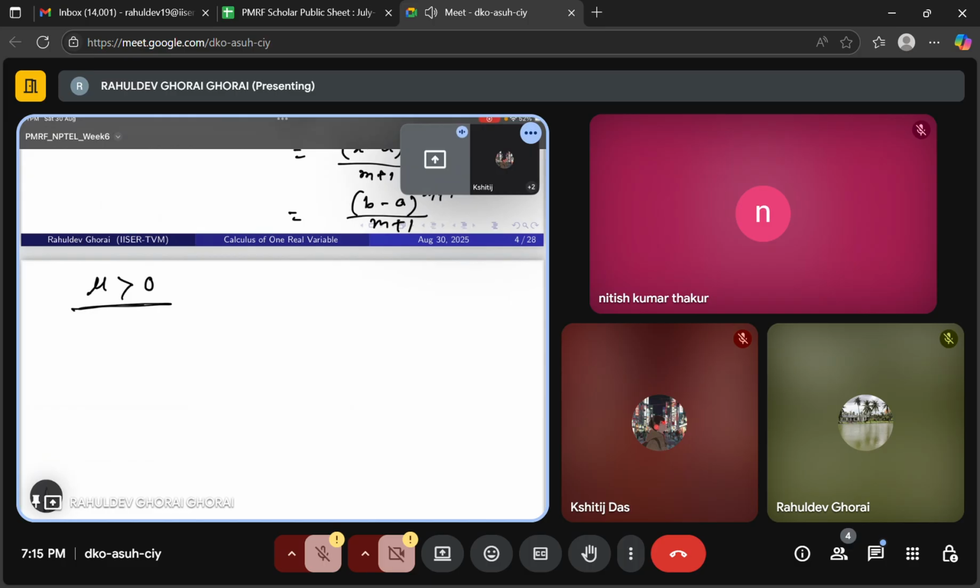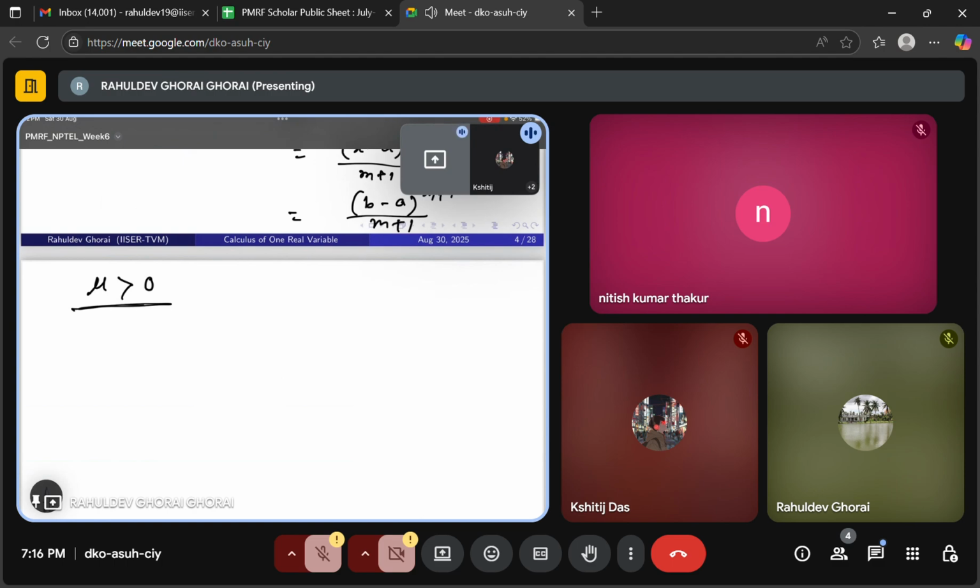What do you expect? The thing is, for all mu greater than 0 it is not divergent. It is convergent for a range of mu values. That we will see. That is important.